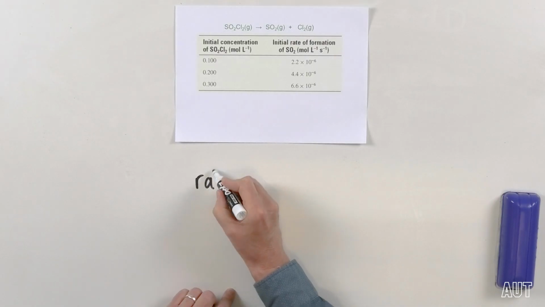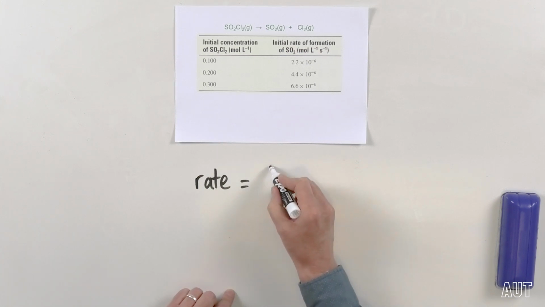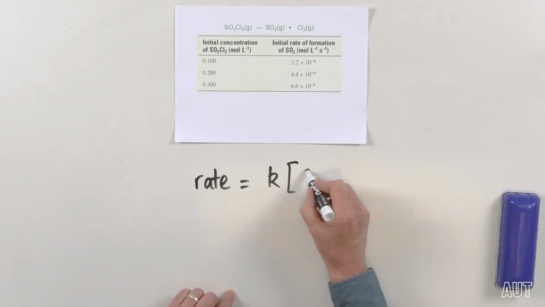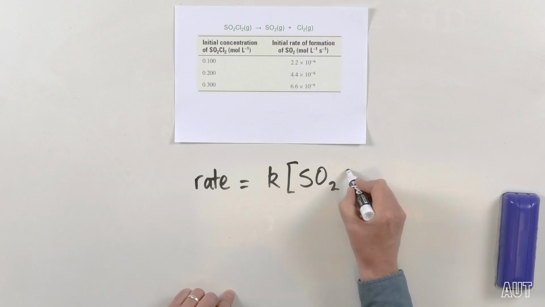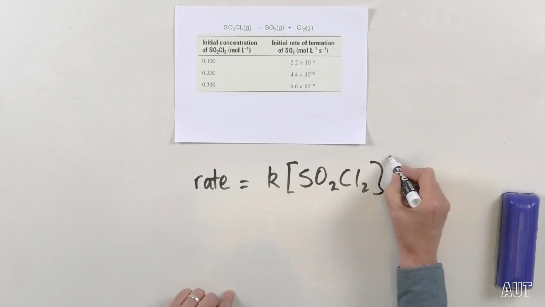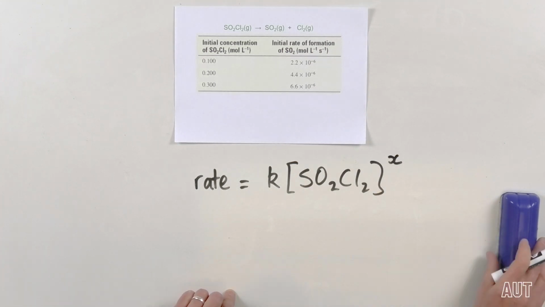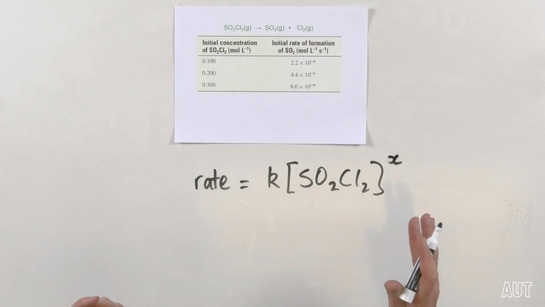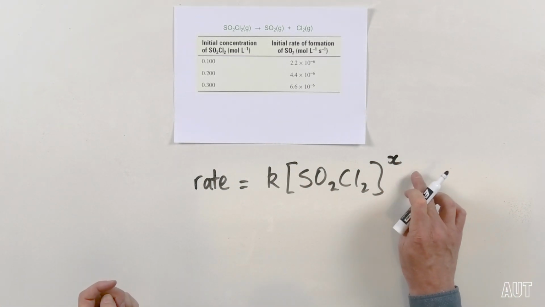From what I told you before, the rate law for this reaction is going to look something like: rate equals k times the concentration of SO2Cl2 to the power of some unknown order, x. And remember, we're saying x is 0, or 1, or 2.